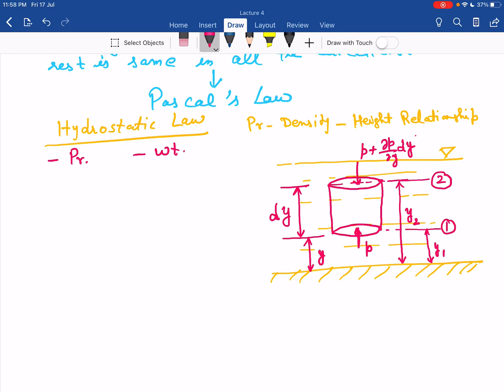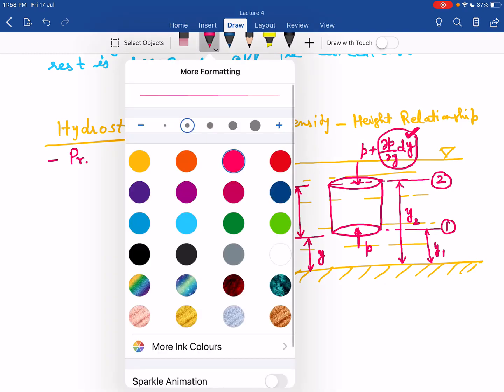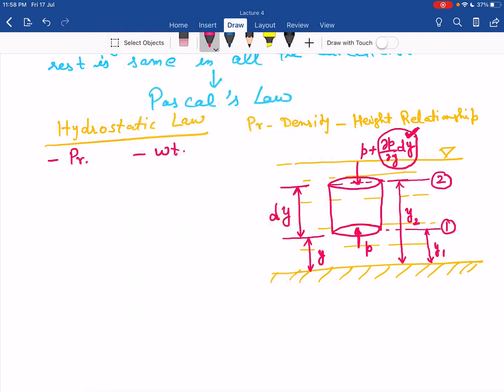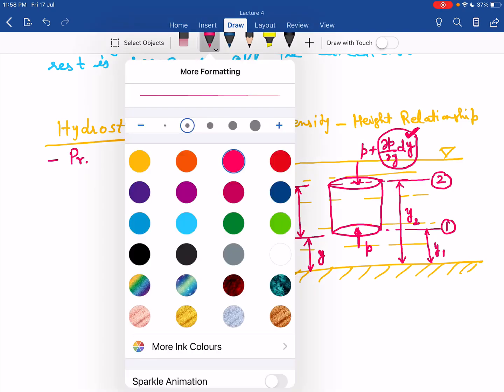The meaning of this ∂P/∂y dy is that there is a small increment in P with respect to the direction y, the small increment in P along height y. The third force which acts on this element is the weight, and that weight acts in the downward direction.